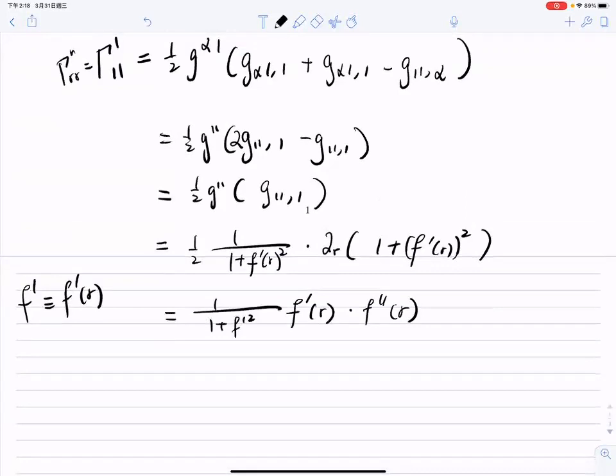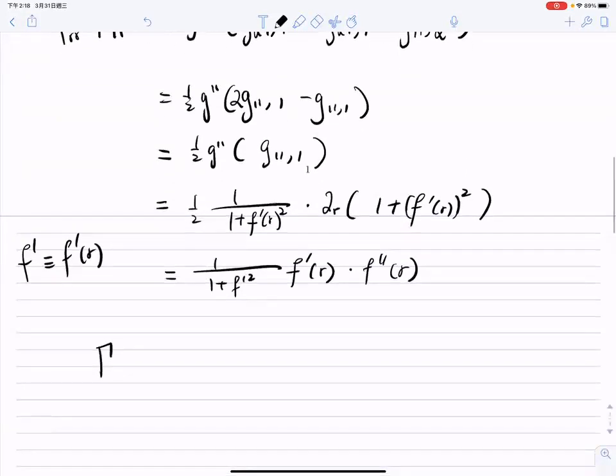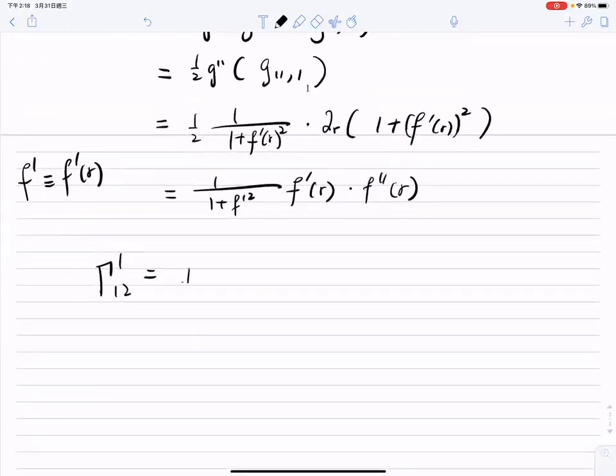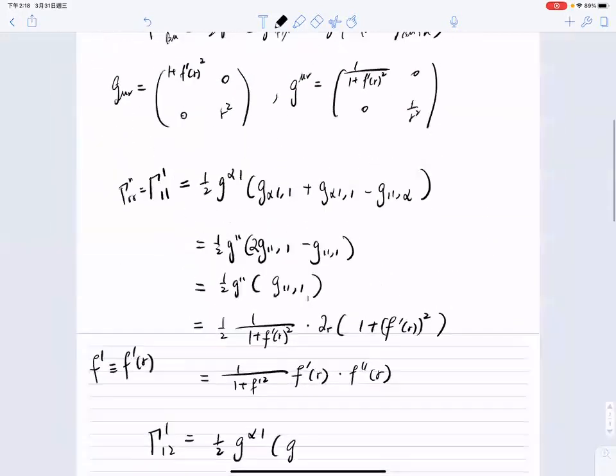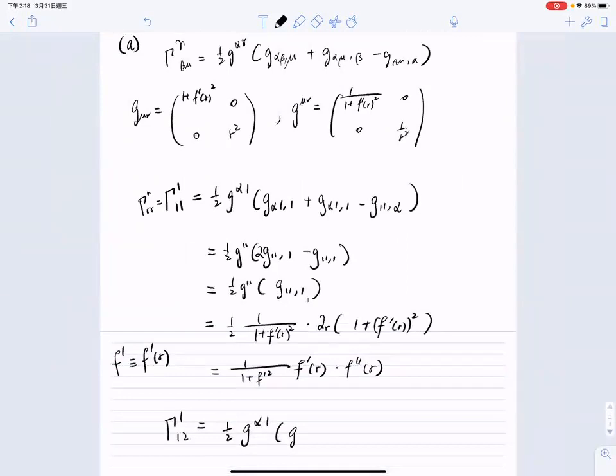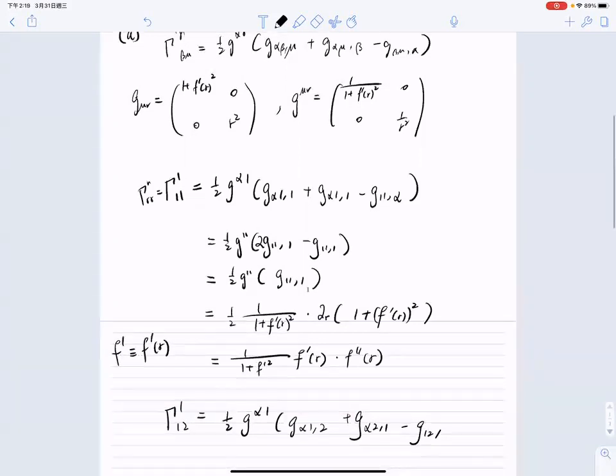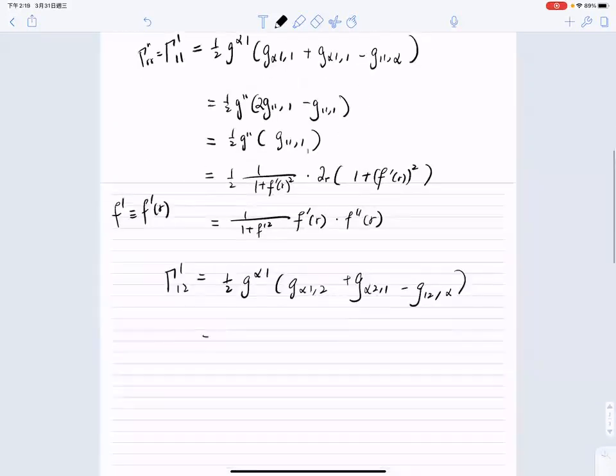Then the second component, we want to calculate Gamma 1 1 2. It would be 1/2 G^{1 alpha} times (G_{alpha 1, 2} plus G_{alpha 2, 1} minus G_{1 2, alpha}).